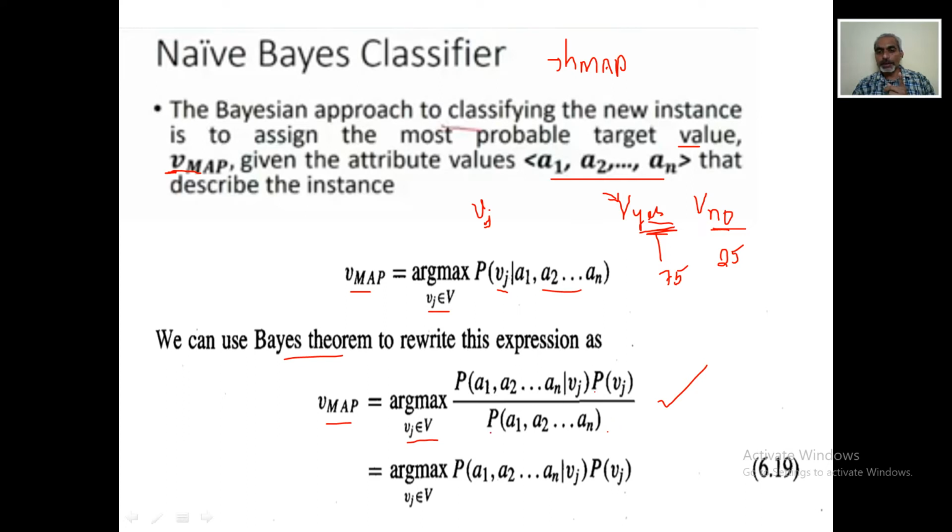That is why we can treat the denominator as a constant and ignore it. So V MAP equals argmax over Vj belonging to V of the probability of A1, A2, up to AN given Vj. That means for the given attribute values, you find the probability with respect to yes, and the probability with respect to no, and multiply each with the probability of yes and the probability of no. This is the equation we get.